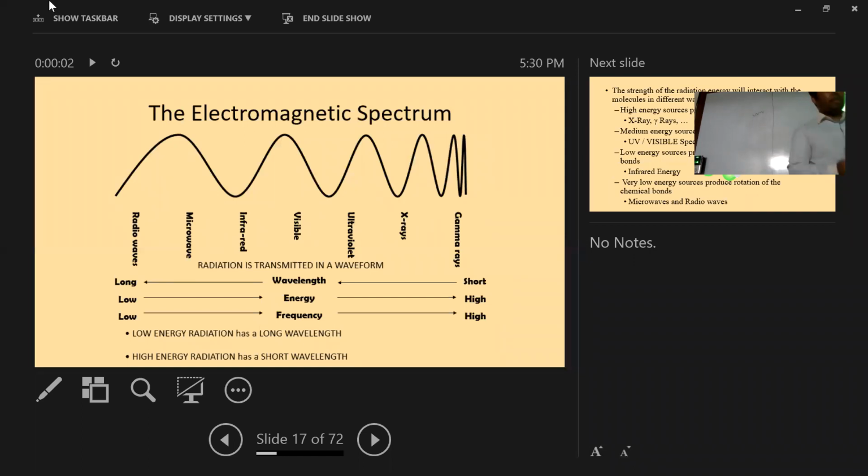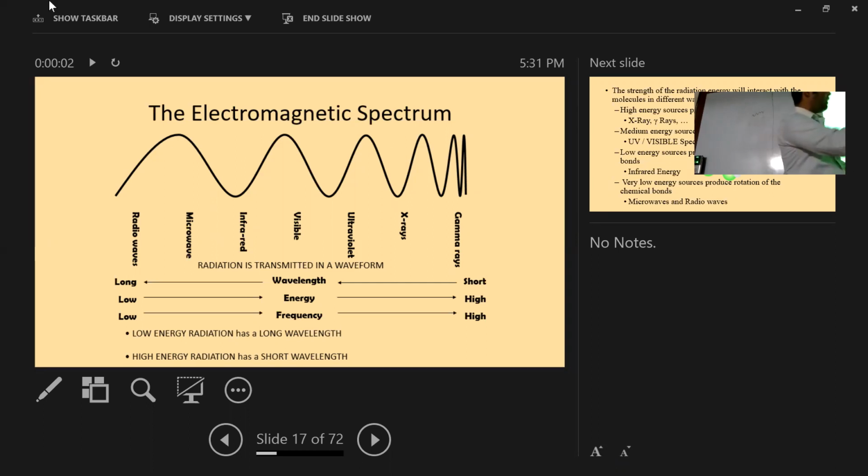But if the plastic is polyethylene, what do we write down? CH2, CH2, and then this is our polyethylene. If this is the molecule, it will not absorb the microwave. No way. Because the vibration mode of this molecule is not related to this microwave.